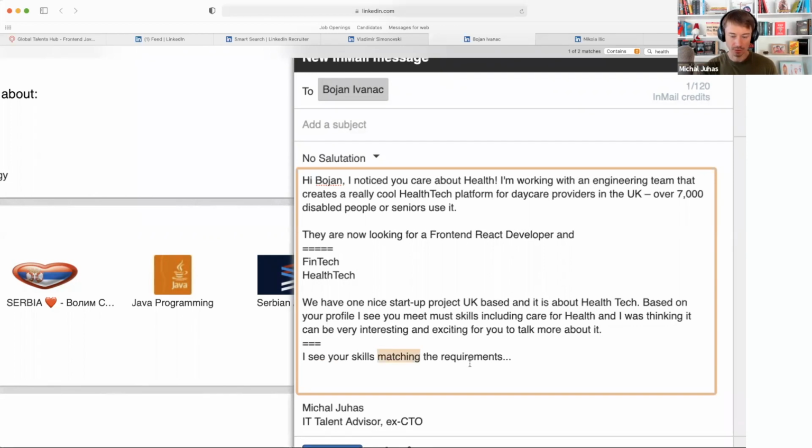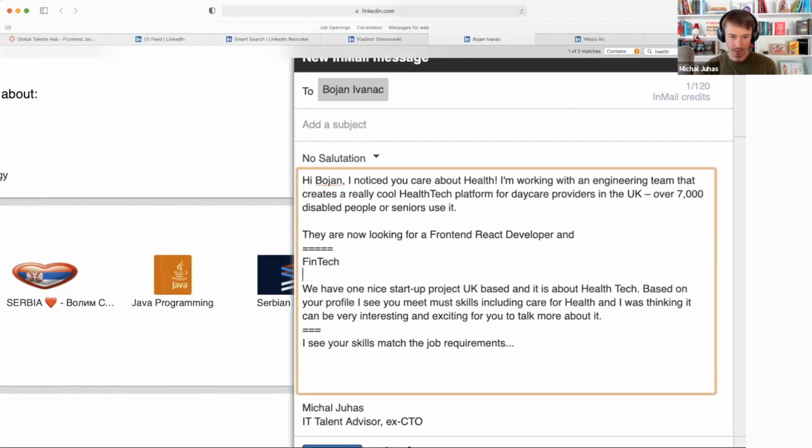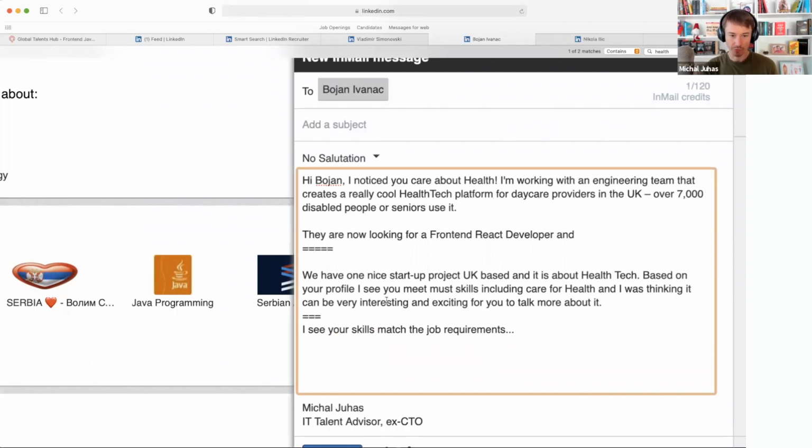Probably there should be the job requirements. Based on the profile, I see your skills. So in that case, what do you, Juliana, propose? I see your skills match the job requirements, including care for health, or interest or excitement.